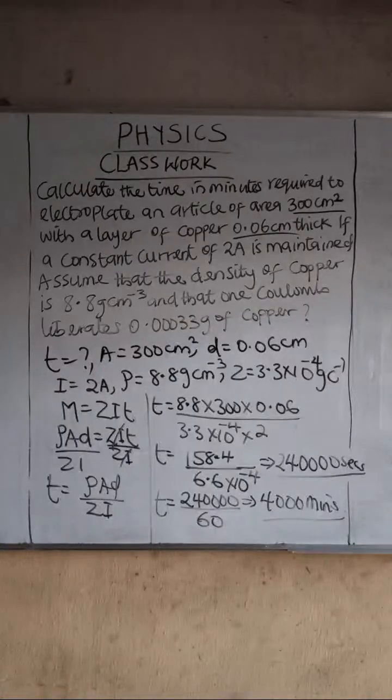Grace, you have to recheck your work and know how to raise it to power so that I don't have a difference of 10 from the correct answer. Once you make a mistake on your power, it will affect your work entirely. So you have to be careful with that. All right, I think we are done.